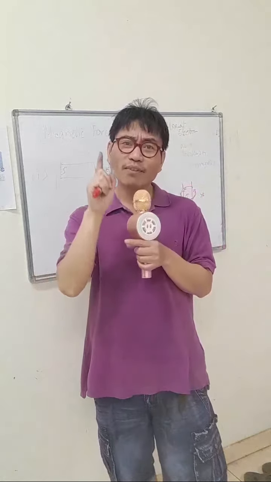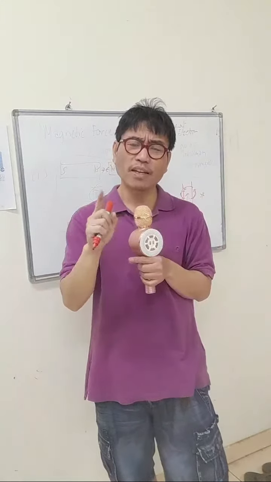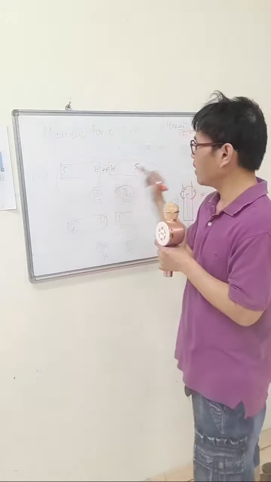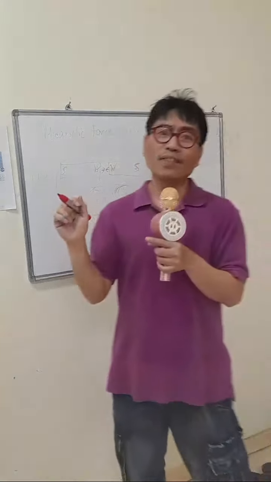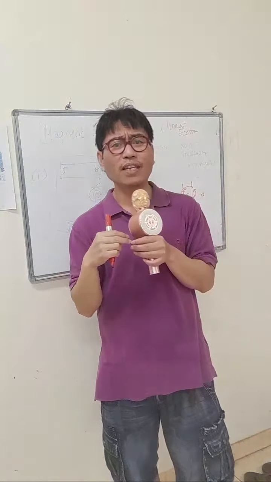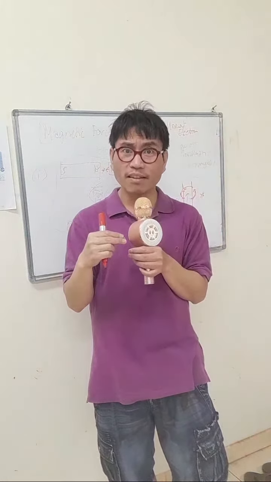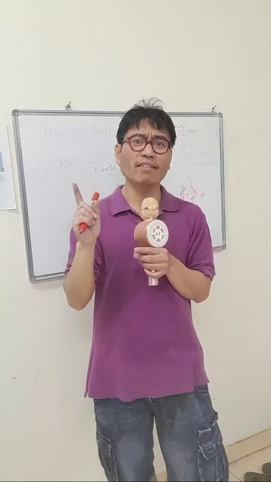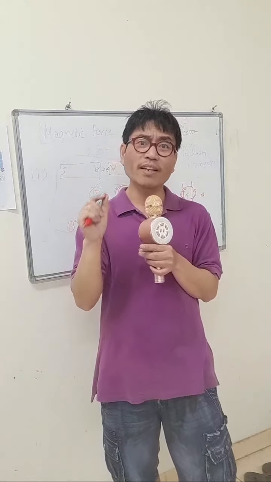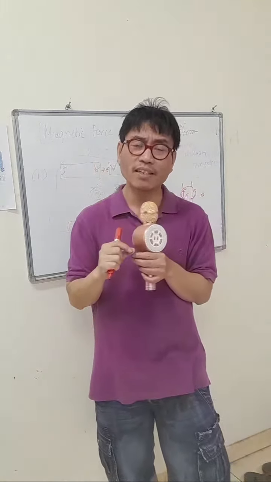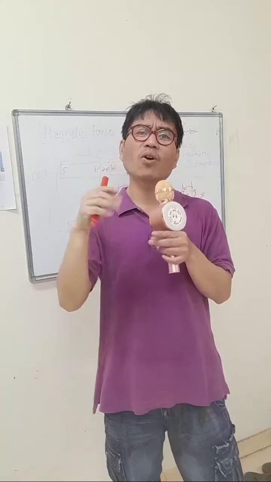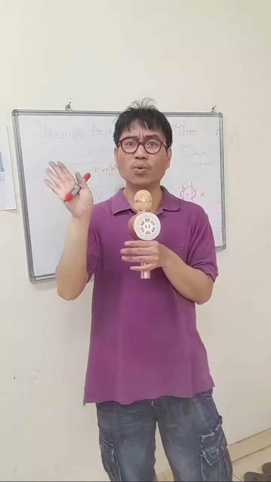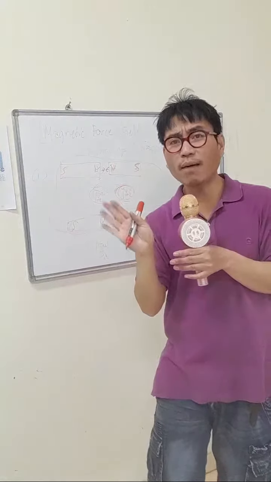Now, your magnetic field is in circular motion, the other pole and the other pole. If the direction of your magnetic field is opposite, it will never create a magnet because it will yield zero magnetic field. It is always going together, the two poles, to create a magnetic field.